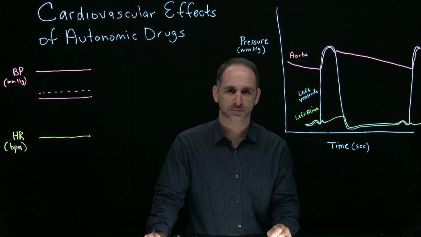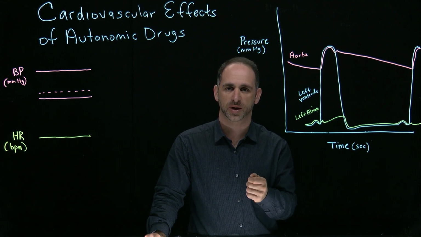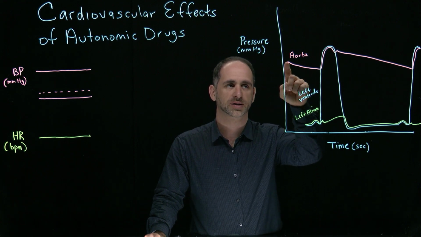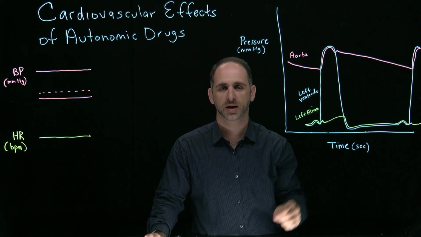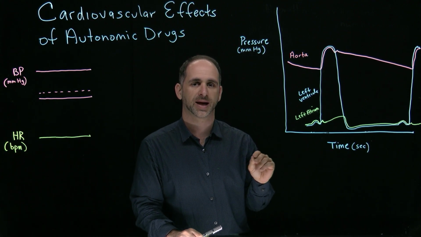Now, if we're going to be looking at the blood pressure responses to autonomic drugs, the graph that we care about here is going to be the aortic pressure. It's good to review the key pressures that we're going to be analyzing.